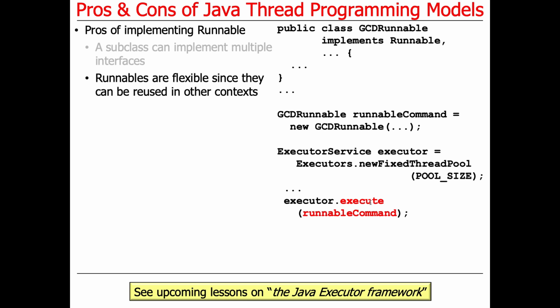Then we make a fixed-size thread pool, which is a pool of threads with n threads. Let's say n is 4 or 8 or whatever. Then we can go ahead and execute that command. This allows us to use that Runnable in more contexts than just passing it as a parameter to the Thread constructor. So Runnable is more flexible, whereas extending the Thread class binds you to the threading mechanism and a single thread. This gives us more flexibility.